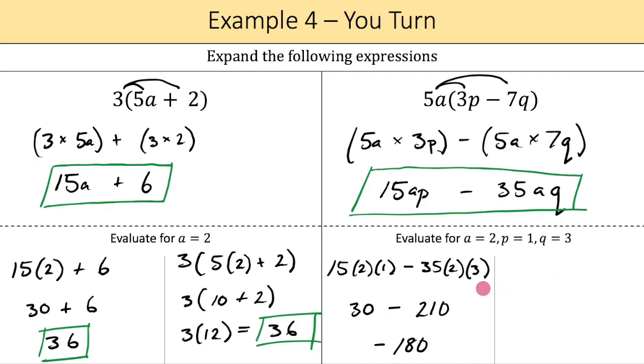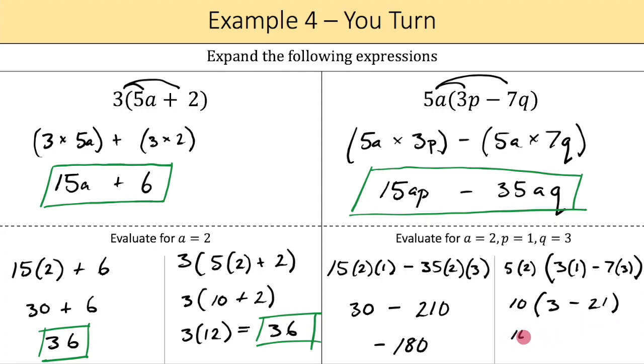But let's now show you that I'm going to get the same answer, the same hairy answer, even if I put in my numbers up here. So I'm going to get 5, and then I'm going to put a 2 in. Then I'm going to have my brackets 3, p is 1, then I'm going to minus 7, and q is 3. Okay, 5 times 2 is 10, 3 times 1 is 3, minus 7 times 3 is 21.